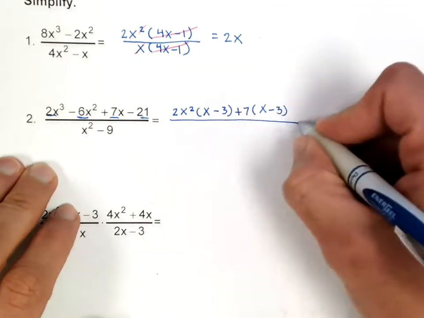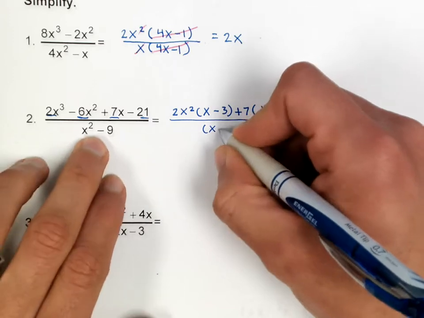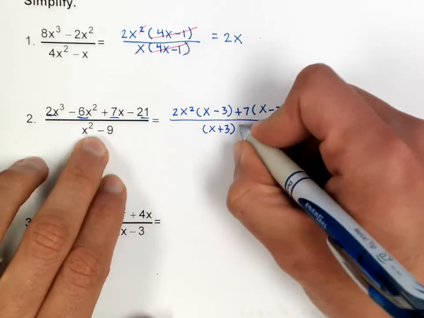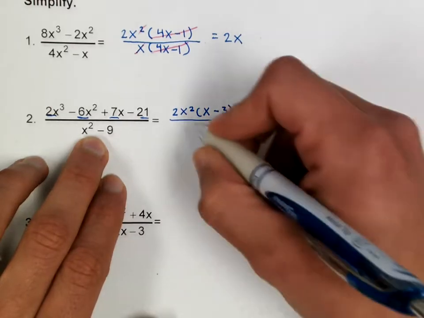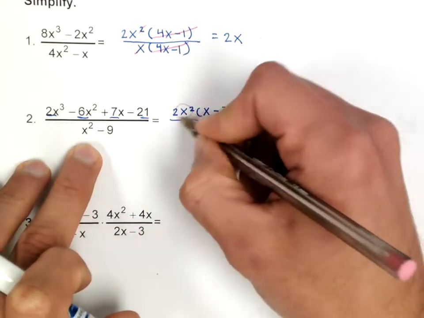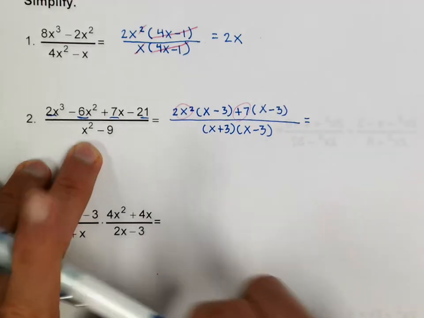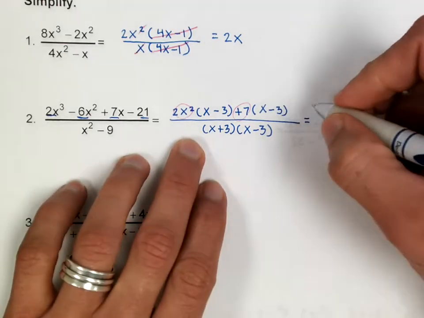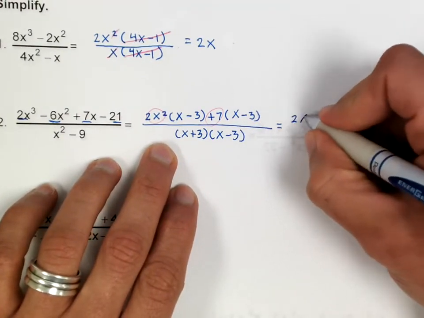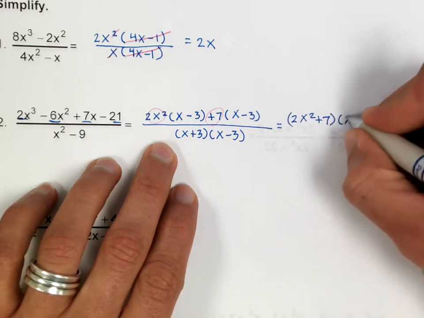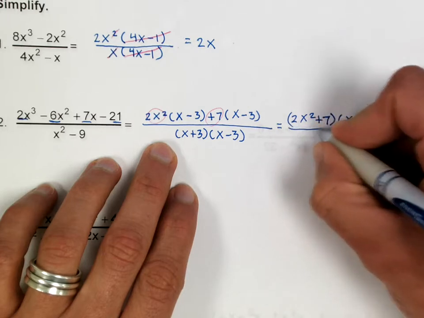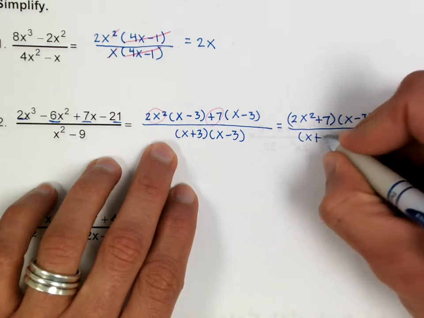On the bottom, I would just have x plus 3, x minus 3, the factors of x squared minus 9, that's the difference of squares. So I'm going to bring this one and this one together. Before I start canceling, don't do that yet. You really can't until you finish factoring. So that would be 2x squared plus 7 times x minus 3 over x plus 3, x minus 3.